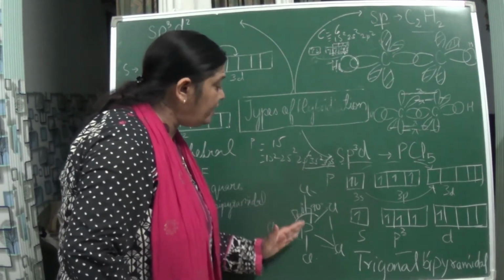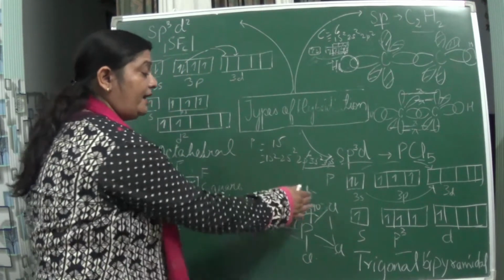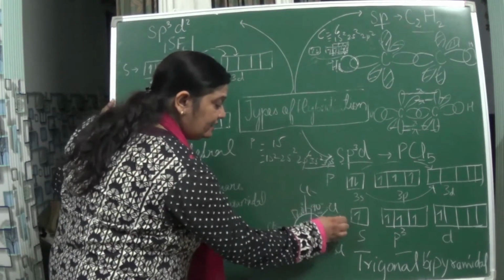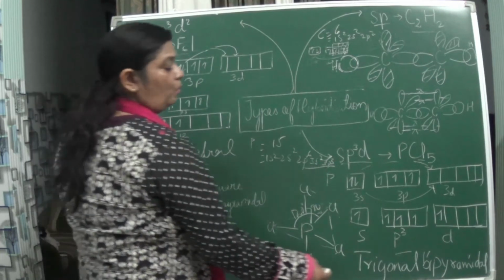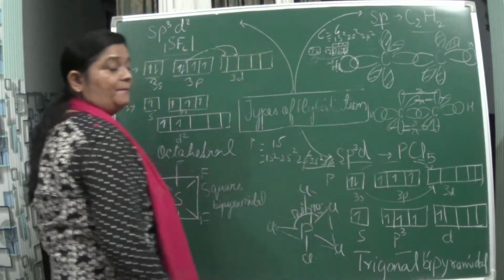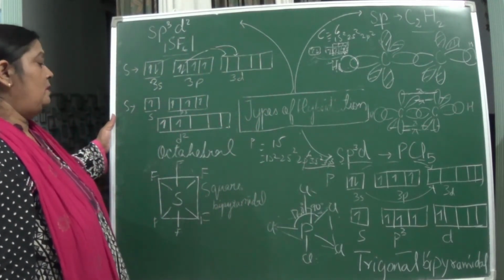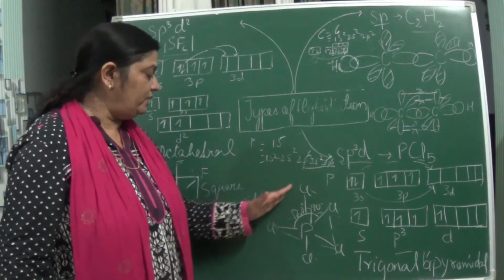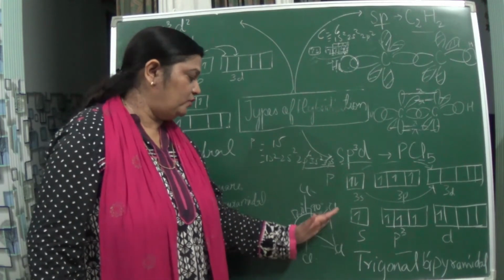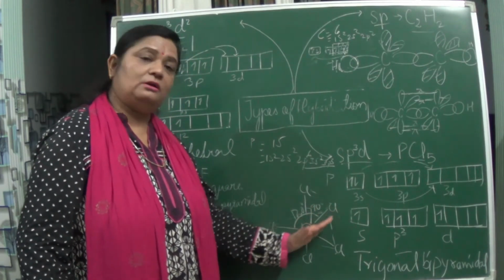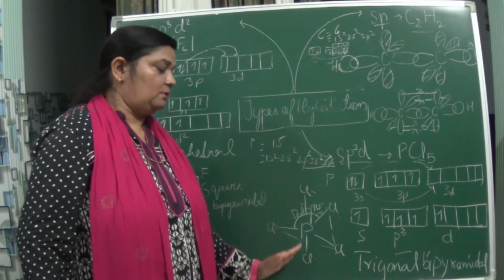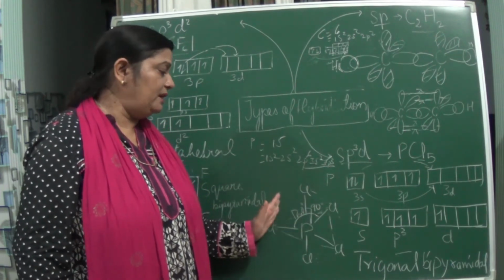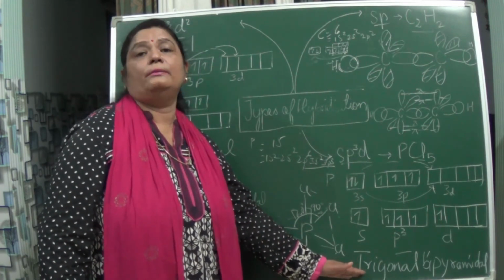Now after joining them, the angle will be 90 degrees, and when you join them, you will get the geometry of trigonal bipyramidal. This structure you are going to get when you join the lines over here. First the planar structure with the 3 chlorine, and then 2 chlorine at a height, having only 90 degrees, making a trigonal bipyramidal structure.